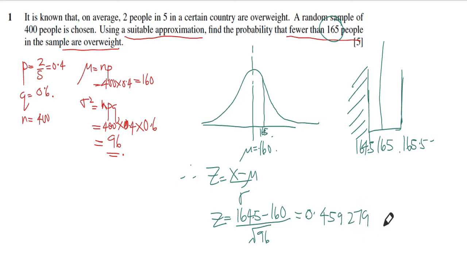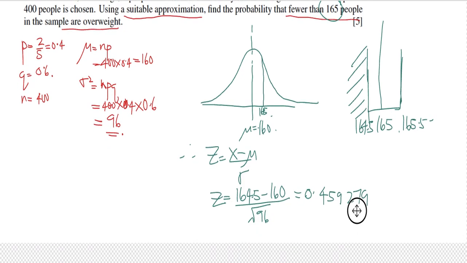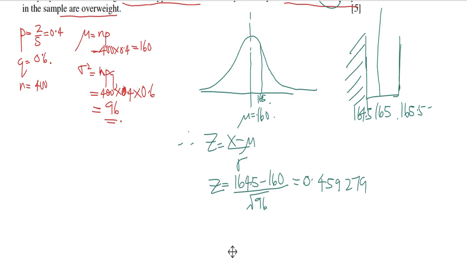0.459279. You don't have to write all the values, but I like to write them this way. So I'm going to look at the value to the left. Use MF19. I always use MF19, and in MF19 we know that the area is to the left.